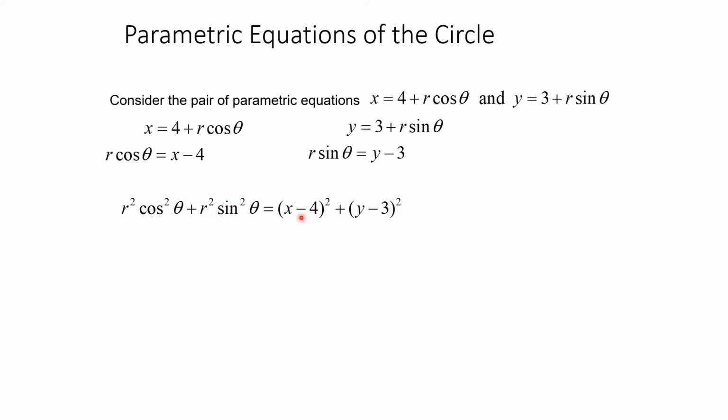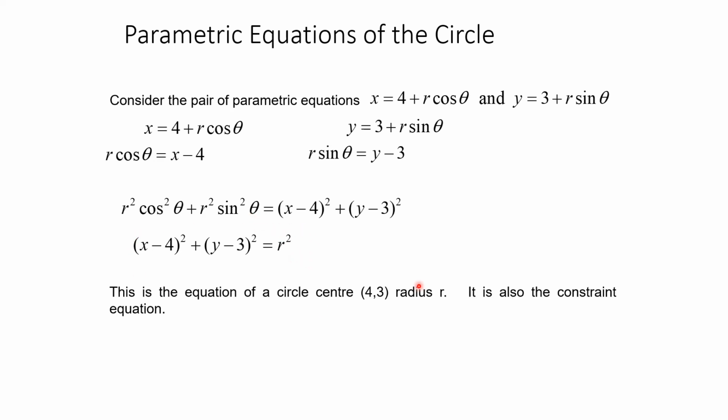In this case, the equivalents are r cos theta squared and r sin theta squared. We can further simplify this: (x minus 4) squared plus (y minus 3) squared, bringing this one over to the left hand side. Cos squared plus sin squared is always 1. So when you factorize r squared as the subject, it becomes r squared multiplied by cos squared plus sin squared, which is 1. So it will reduce to r squared.